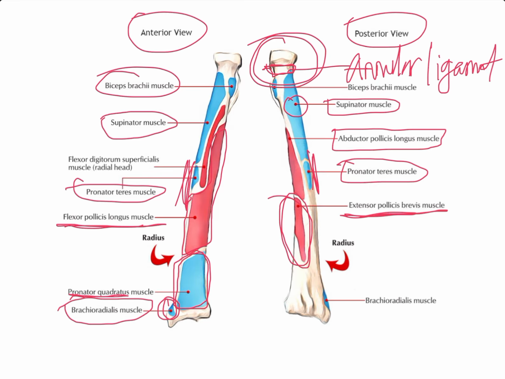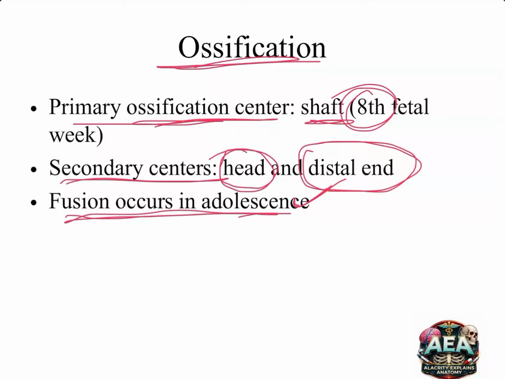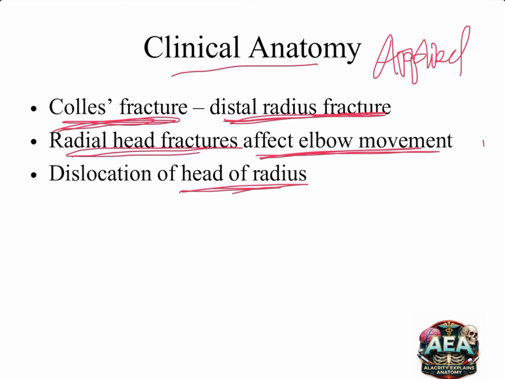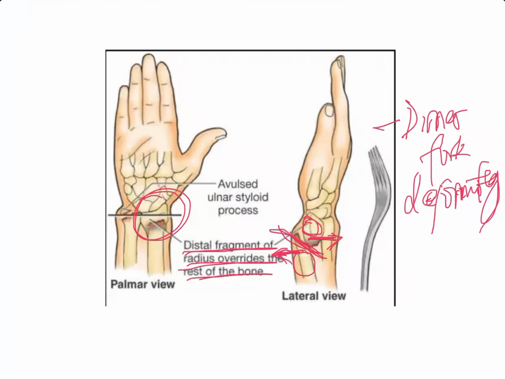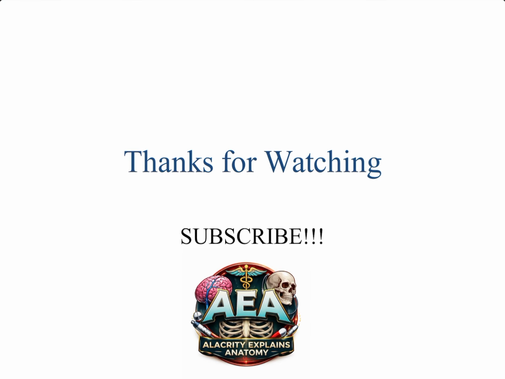This annular ligament helps to hold the head of the radius in place in formation of the elbow joint. So whenever there is a pull on the elbow joint, this can cause dislocation of the head of the radius, where the radius pulls out of the annular ligament, and this causes dislocation.